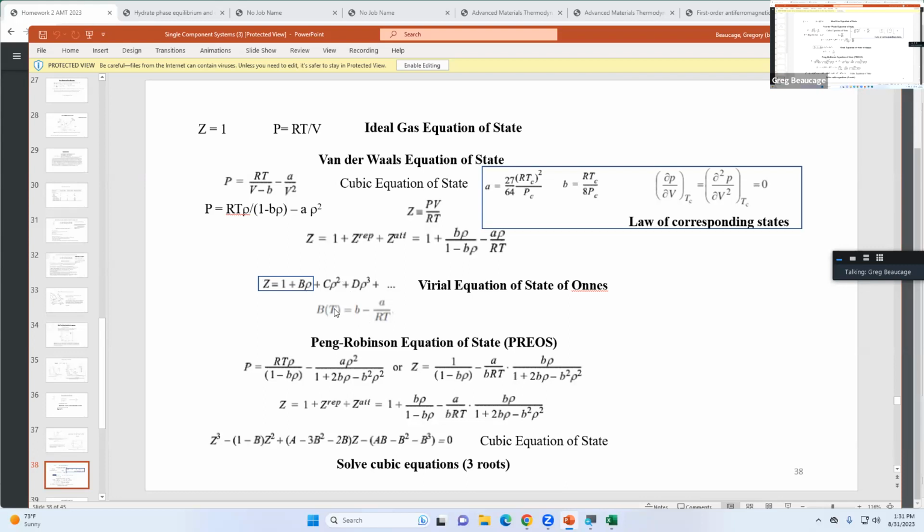It'll act ideal when B equals A by RT. Or when you reach a magic temperature where you have a ratio of A by B with R in it, right? So the magic temperature is going to be A by BR, basically. That's your critical temperature.